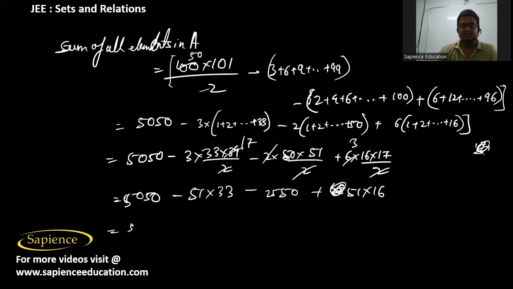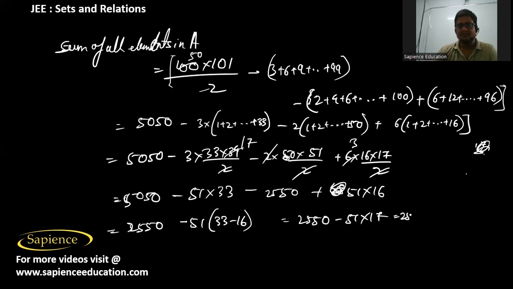So this will be 2550, then minus 51 into 33 minus 16. 33 minus 16 is 17. So this is 2550 minus 51 into 17.